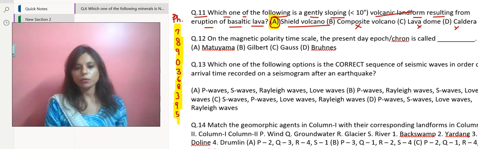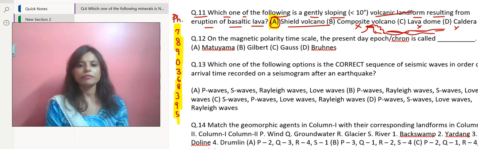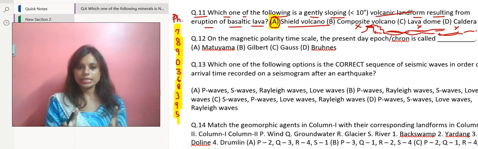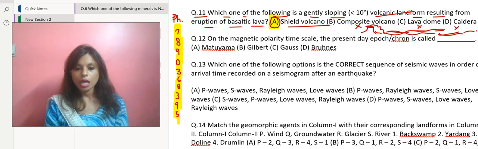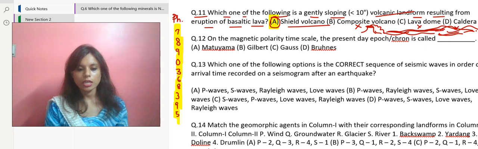Like suppose here is the volcano, if all the lava comes out in this place, it can travel far off from the vent, and it can easily spread. It does not stay intact in one place after coming out. Now, this entire thing results in a broad, gently sloping mountain with a shield-like shape.